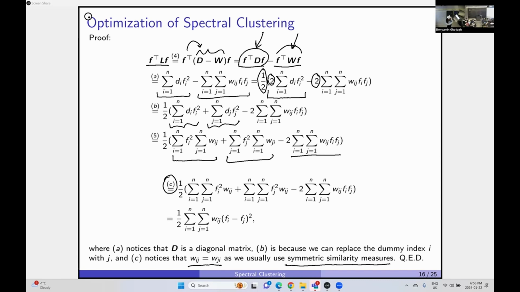So as a result, I replace wji with wij. Now I use the binomial theorem again: a minus b squared is a squared plus b squared minus 2ab. I use the reverse binomial theorem. I'll get this. I just proved that. QED.